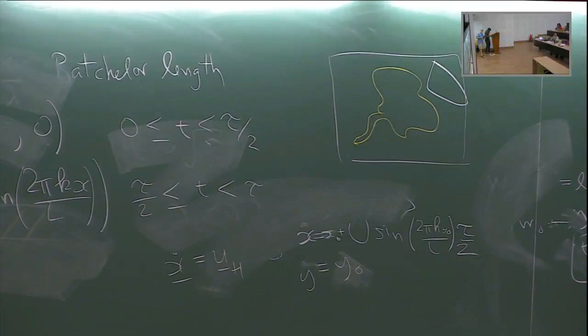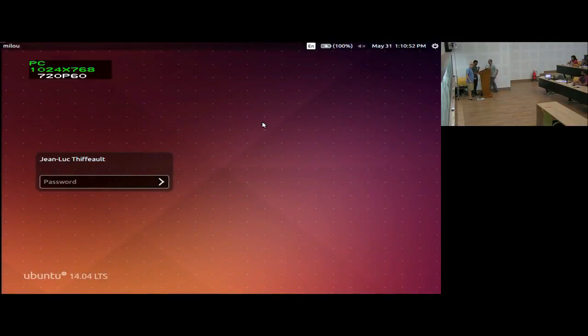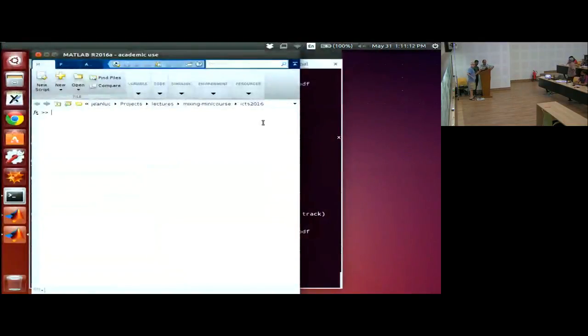Is that the right screen? Can we do this screen? Sorry, that's not on my computer. All right, from this side?